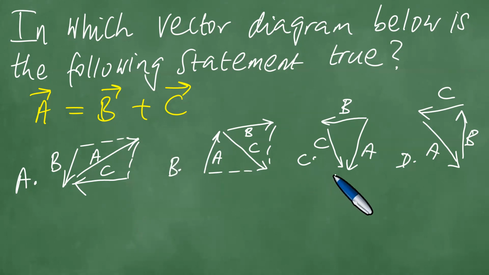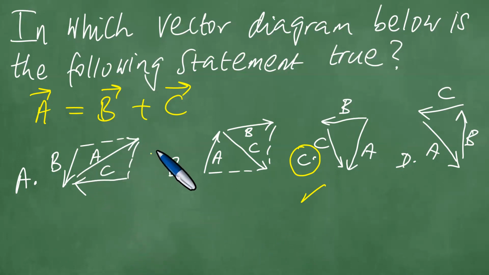See that vector B plus vector C gives us vector A. So the very correct one would have to be part C. So vector B plus vector C is going to give us vector A. So the correct one is C, and the others are wrong.